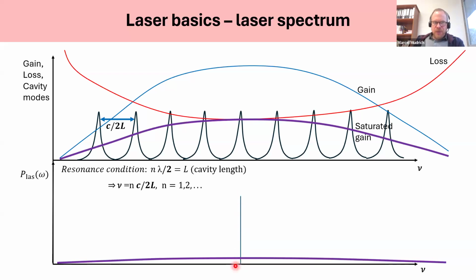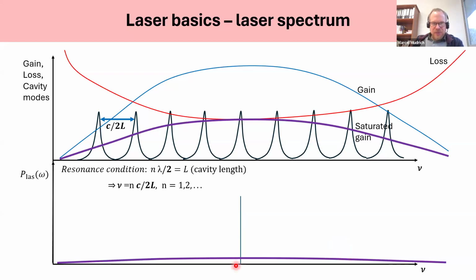narrow range. We also discussed that since the gain curve is saturated down to the loss curve, it, of course, is not zero away from the laser mode, so that in this whole range where there is gain, there can be spontaneous emission, which means that there is also this broad contribution of spontaneous emission, which is the bad part we don't want.